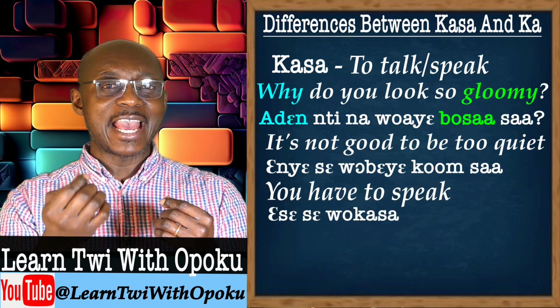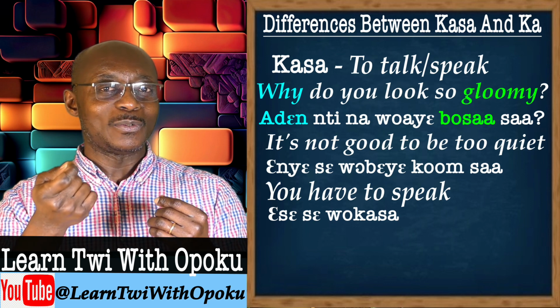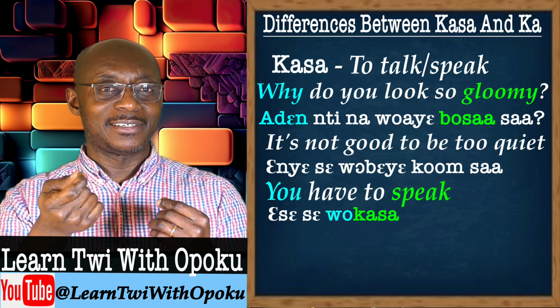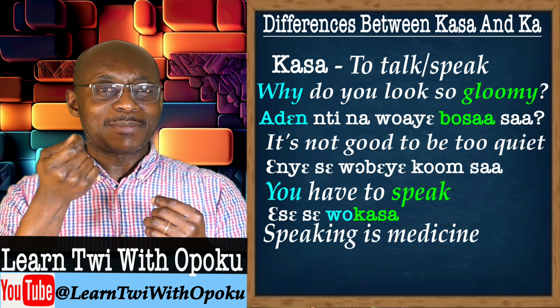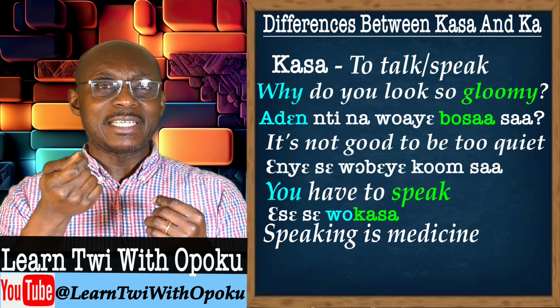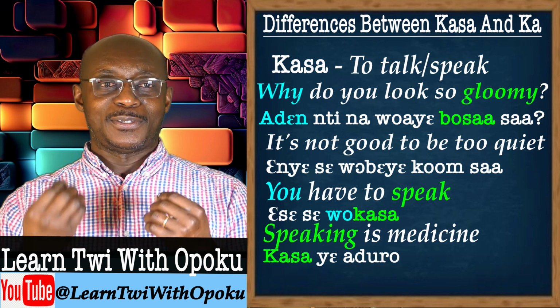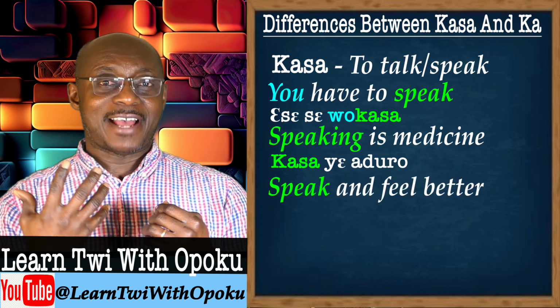And you have to speak. In Twi, we say, Esese wo kasa. You see here, we are using Kasa. And for speaking is medicine, we will say, Kasa yedro. Speak and feel better.